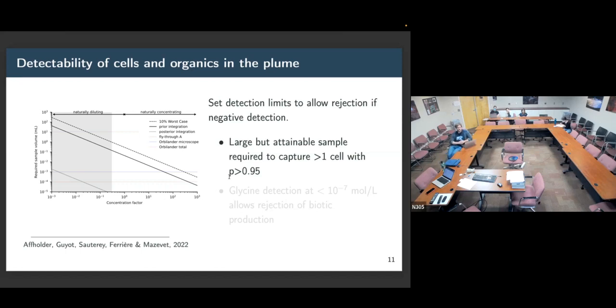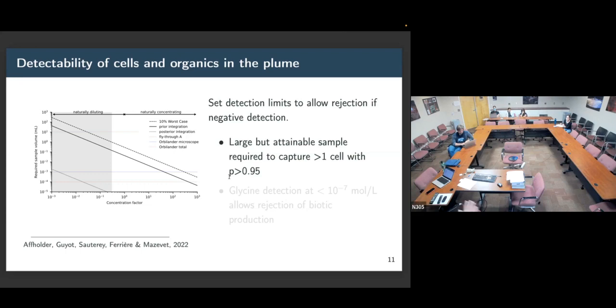In blue, we have the Orbilander design that is, in most instances, above this required sample size. But if we don't make assumptions on the origin of methane, then to reject the possibility of a population, we need much, much larger samples that can even exceed the entire sample size in the design of the Orbilander.